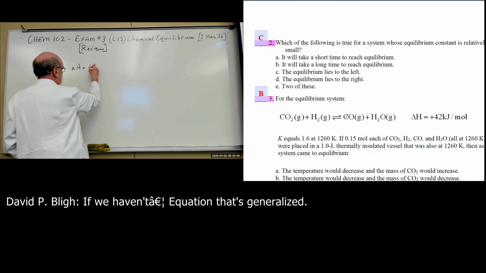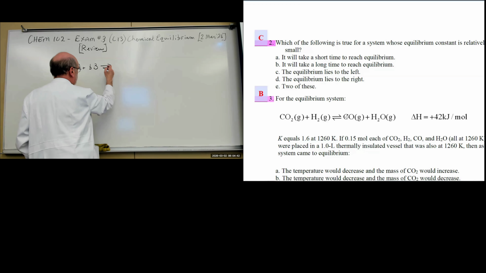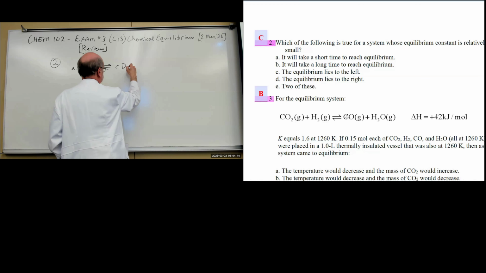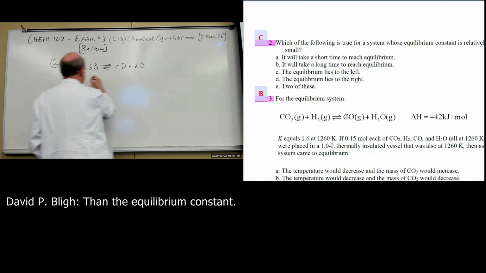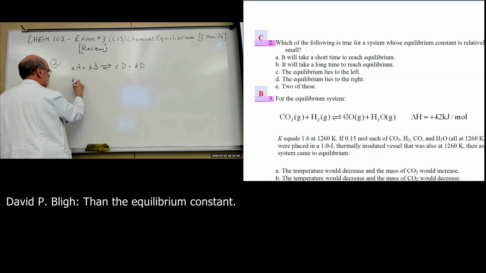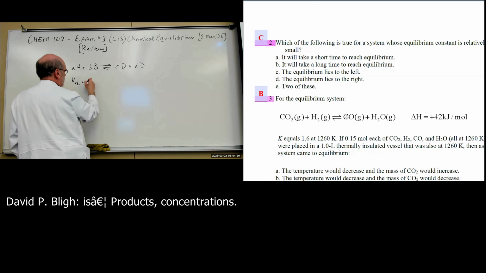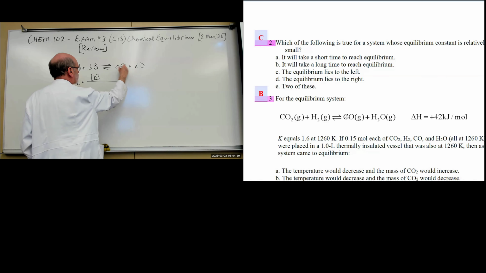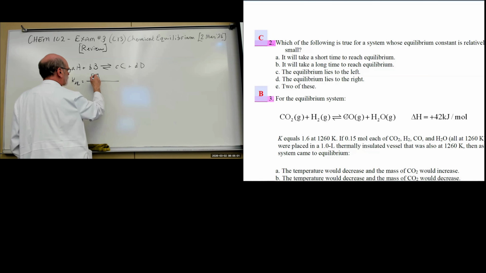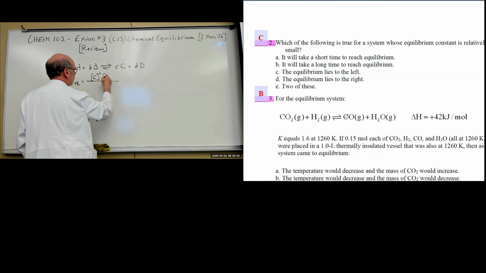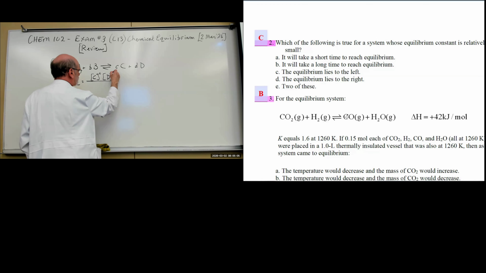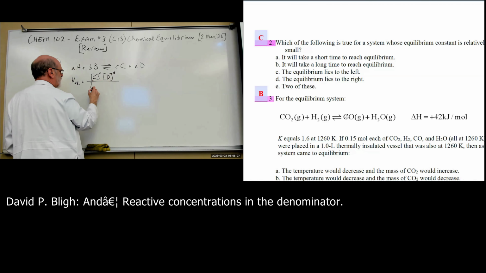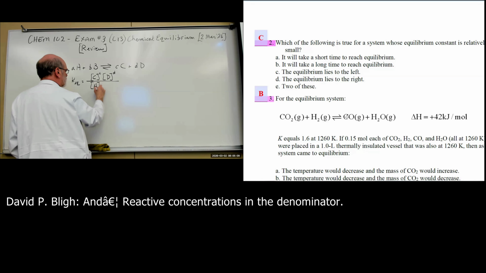If we have an equation that's generalized, then the equilibrium constant is products' concentrations, oops, should be a C, and reactant concentrations in the denominator.